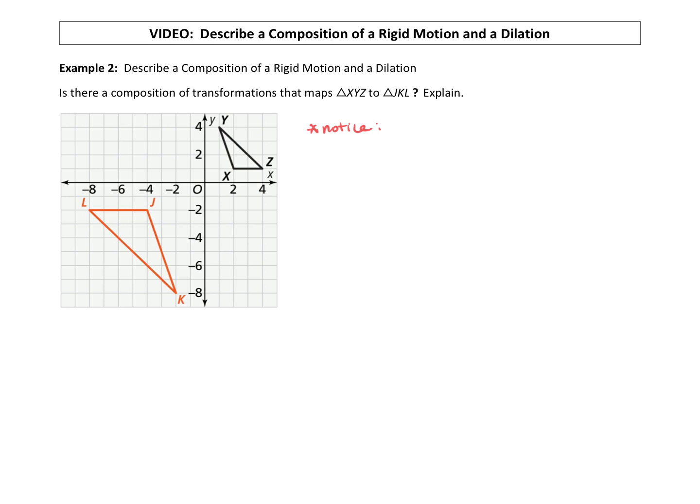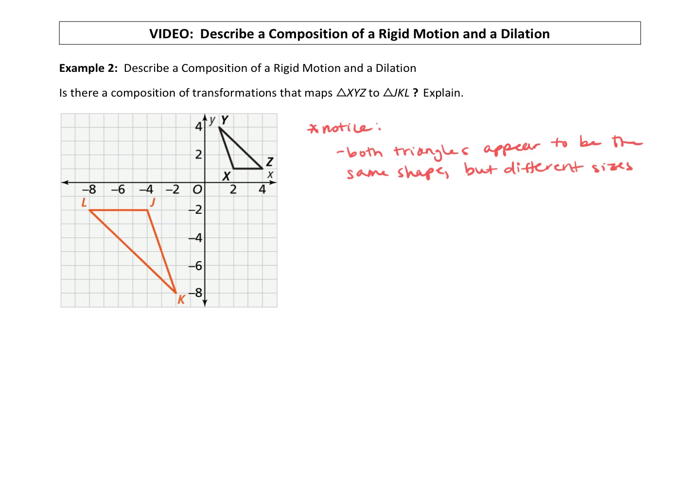We notice that both triangles appear to be the same shape, but different sizes.